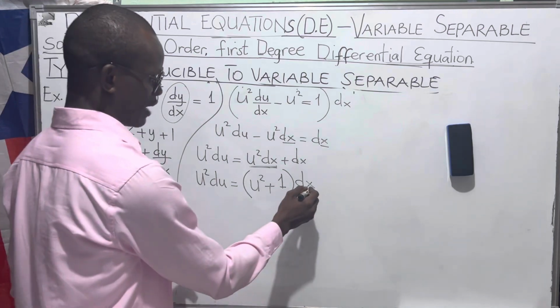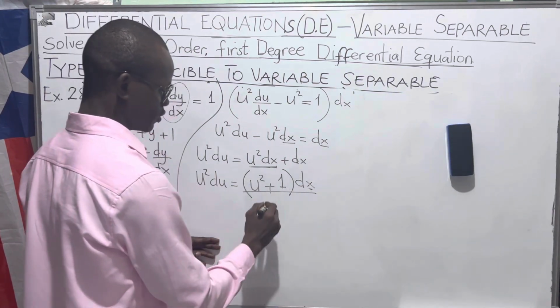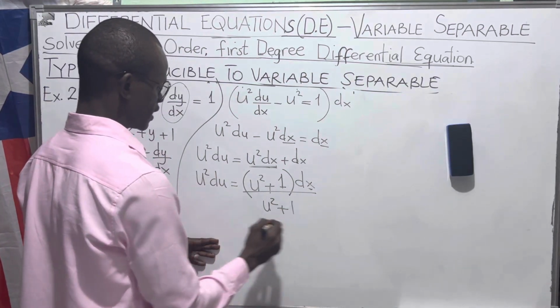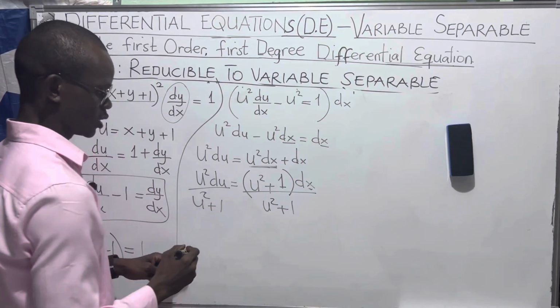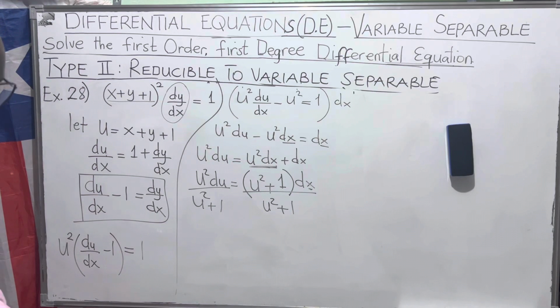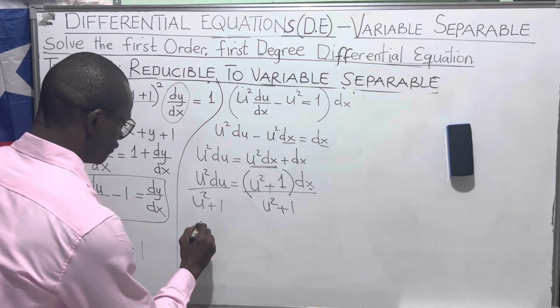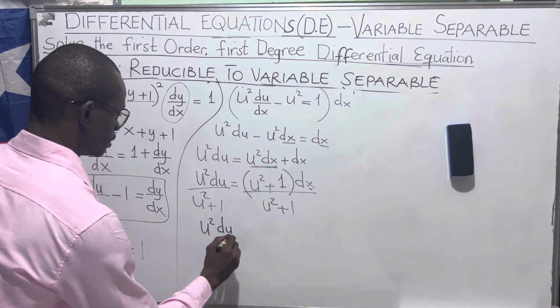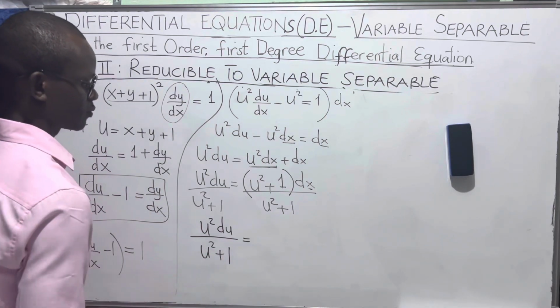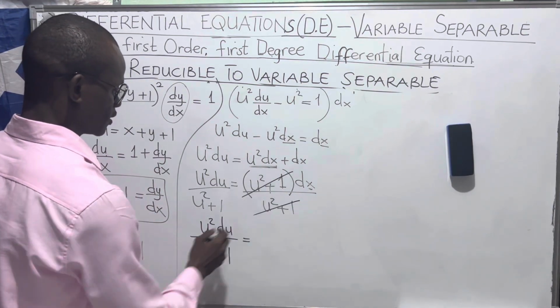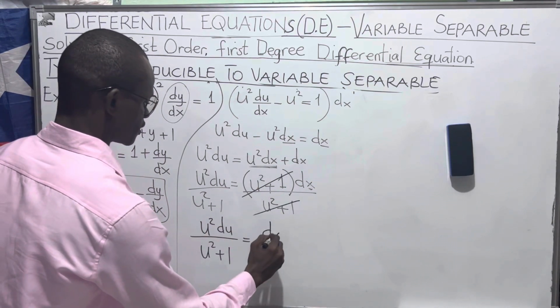We have x here, so we don't need this expression, so we divide both sides by u squared plus 1. So we have u squared du over u squared plus 1 equals, this and this cancel, just dx.